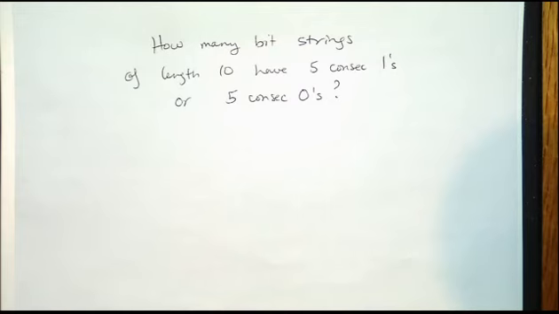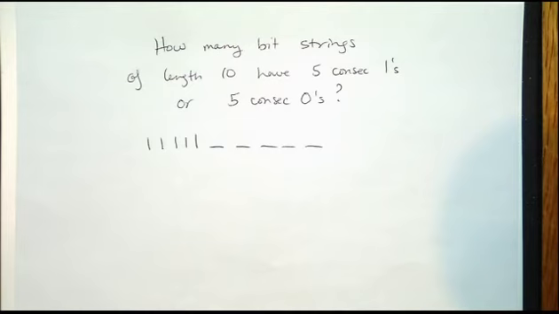There's a trick to mapping this problem to count it really easily. I'd like you to get started on this problem and see if you can draw a picture that represents how you might start counting the strings that have 5 consecutive 1s or 5 consecutive 0s.